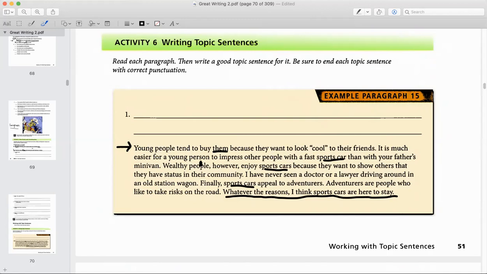He talked about wealthy people, and he talked about adventurers all liking sports cars. So I'll give you a minute to think about it and write down your own idea. What do you think would be a good topic sentence for this paragraph? Make sure you have the topic included as well as a controlling idea and correct punctuation.